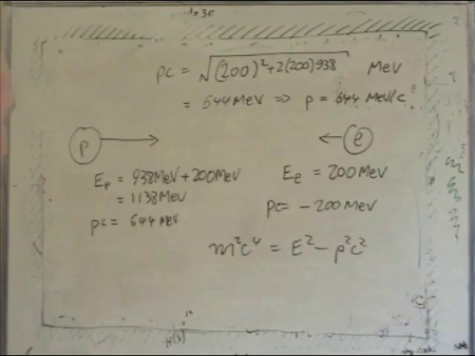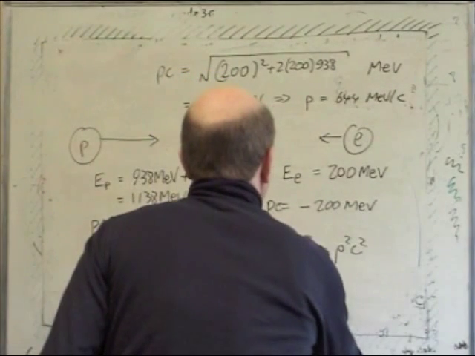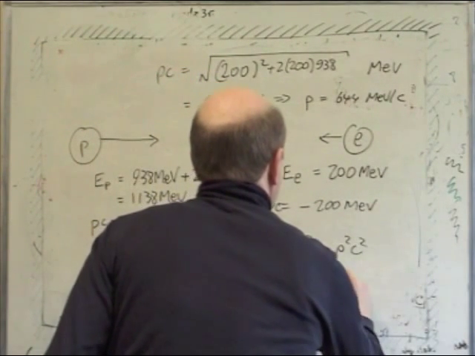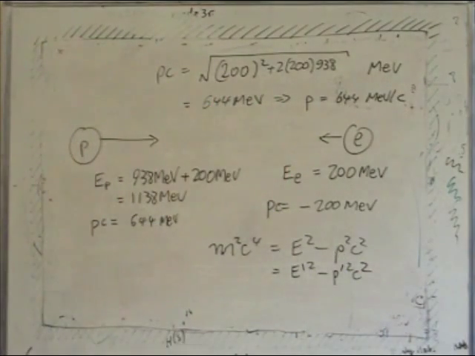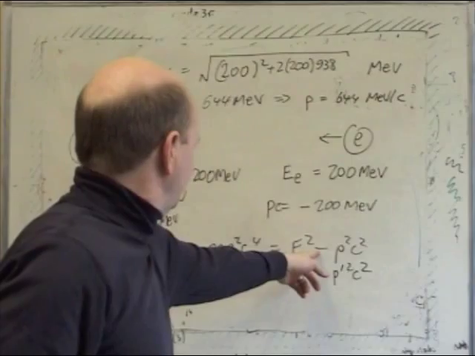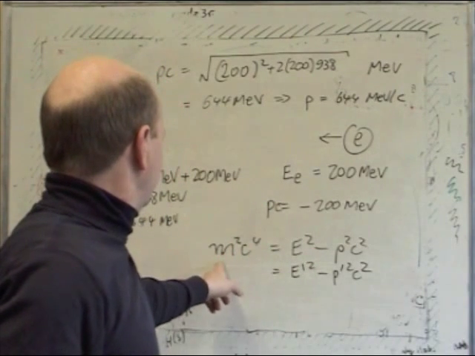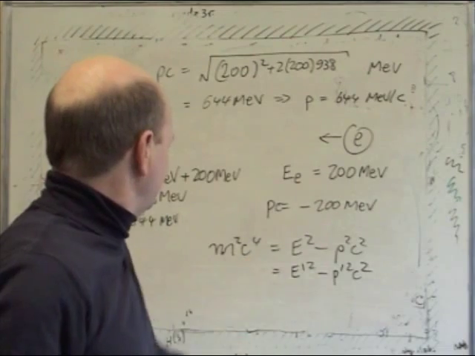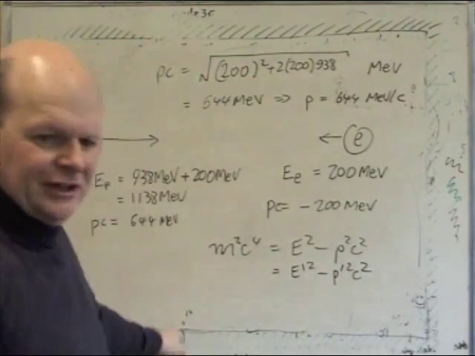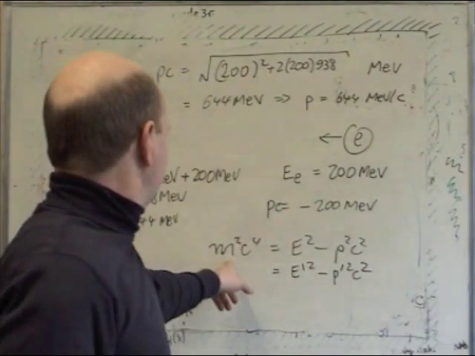Now, it's also equal to the same combination of energies and momenta in some other frame, because this quantity is invariant. The rest mass doesn't change with velocity, the speed of light doesn't change with velocity. So the left-hand side of this equation is frame independent.